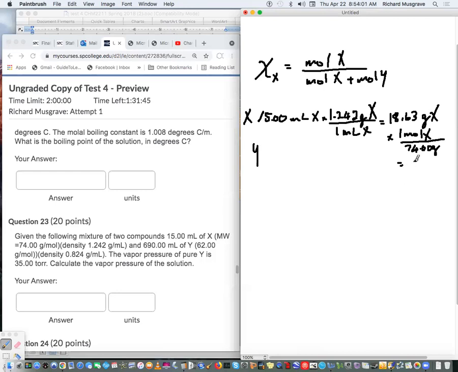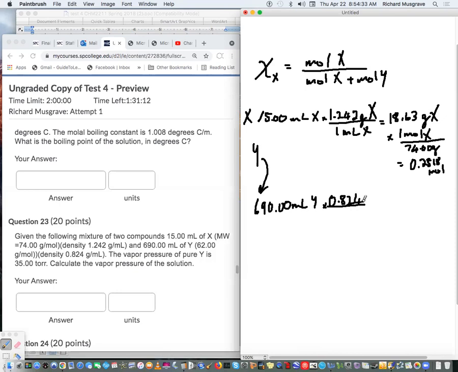I get 0.251, 7, 2.18. Now for the Y, we got, let's see, we've got 690, same deal, 9.00 mils times the density.